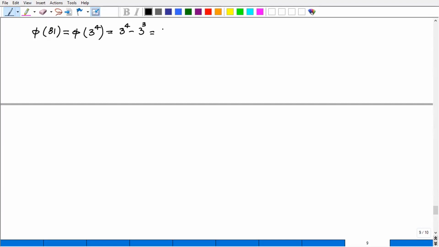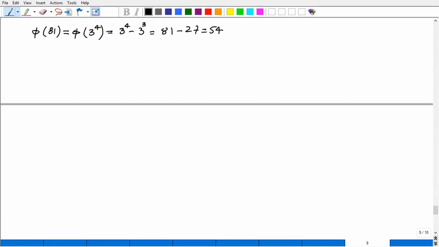So 3 to the power 4 is 81, and 3 to the power 3 is 27, which gives 54. So 54 numbers.